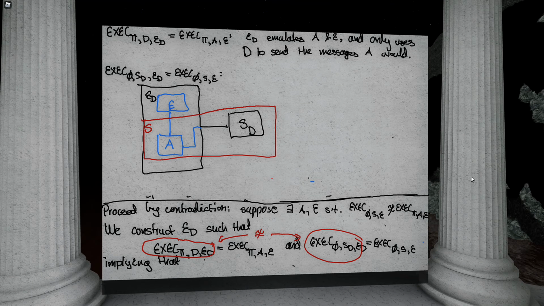So because ED emulates A, and in fact S connected to E is the same as SD connected to ED, just by construction, they are in fact exactly the same transcript doing exactly the same thing. Did that make sense, Dan, or do you need me to explain it again? No, this part I think I follow. Fantastic. So we say we have a contradiction. And we call it a day.